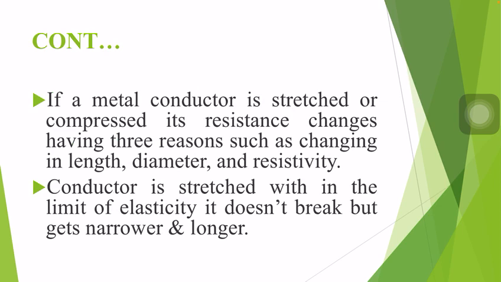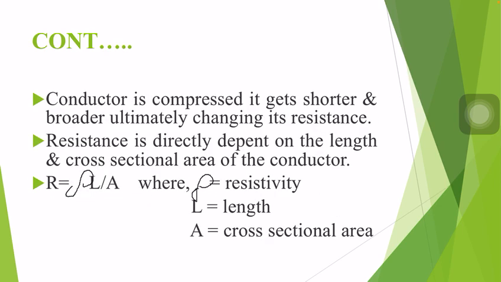This phenomenon, wherein the resistance of the material changes because of the resistivity change, is called the piezoresistive effect. We know that resistance depends directly on the length and cross-sectional area of the conductor. R is equal to rho L by A, where rho is the resistivity, L is the length, and A is the cross-sectional area.